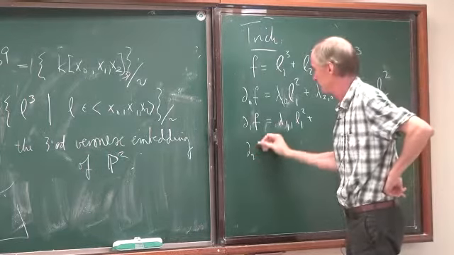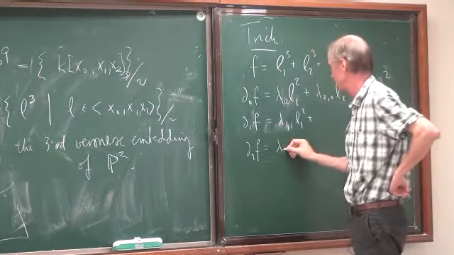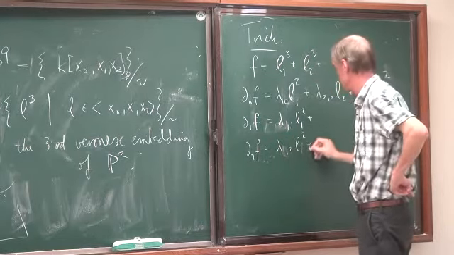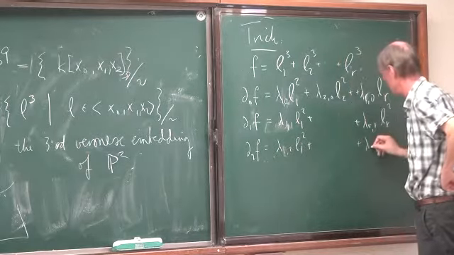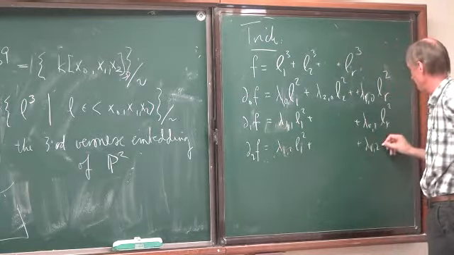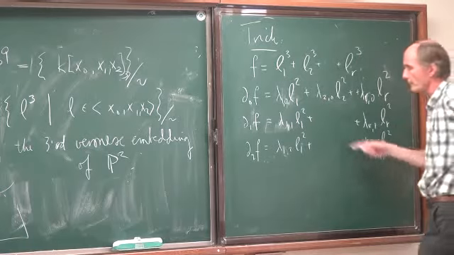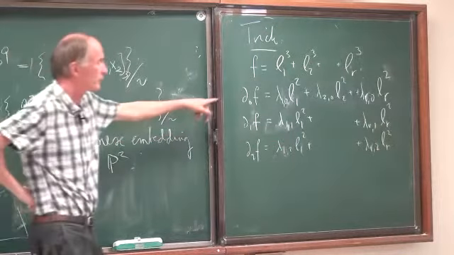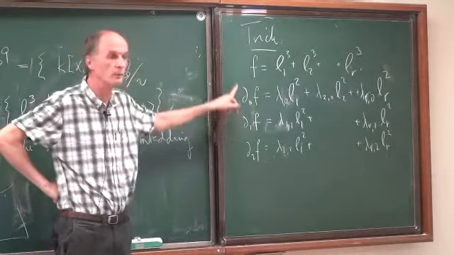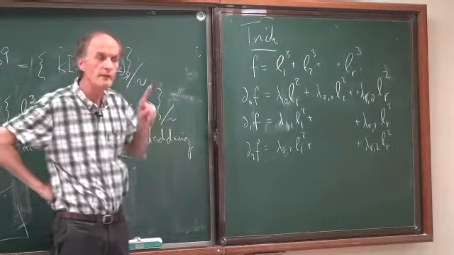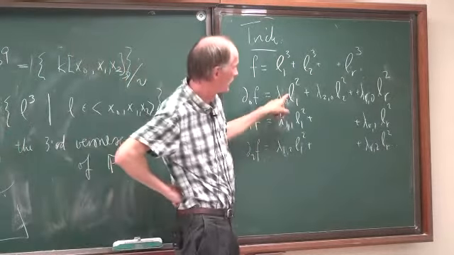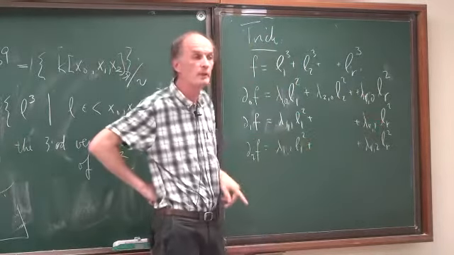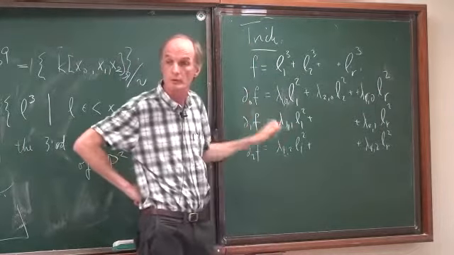But the point is, I have three different ones. I'm sorry, 1, 2. I have three different quadratic polynomials. These are all quadratic polynomials. And they are all written as a linear combination of the same squares.